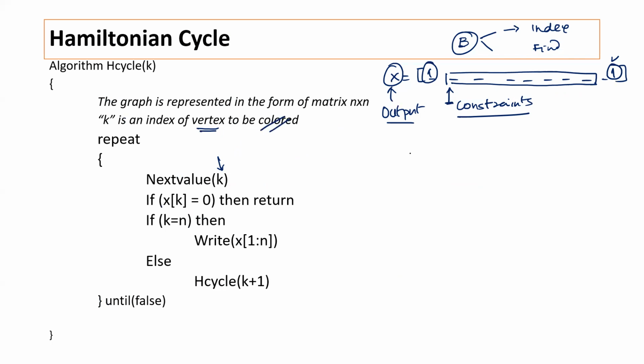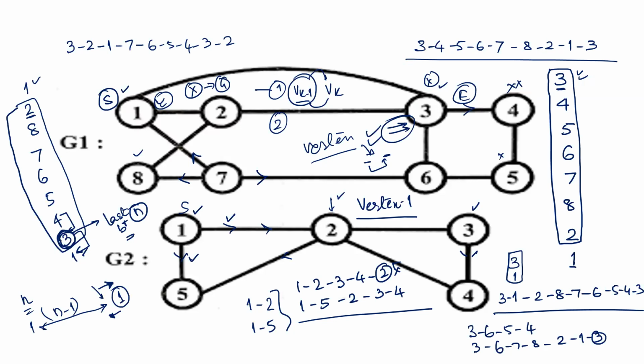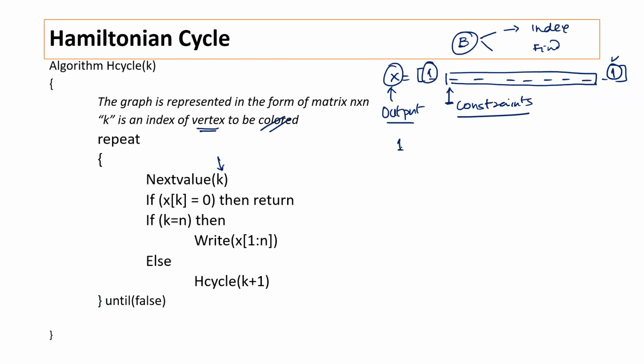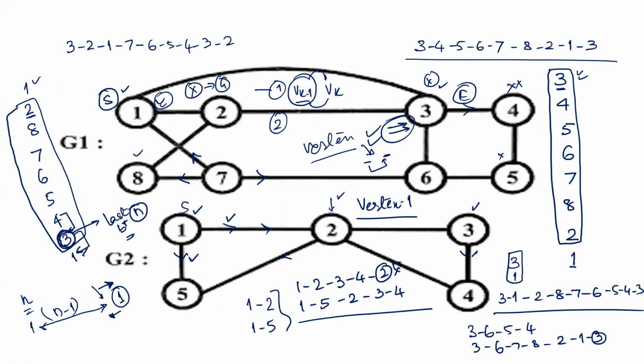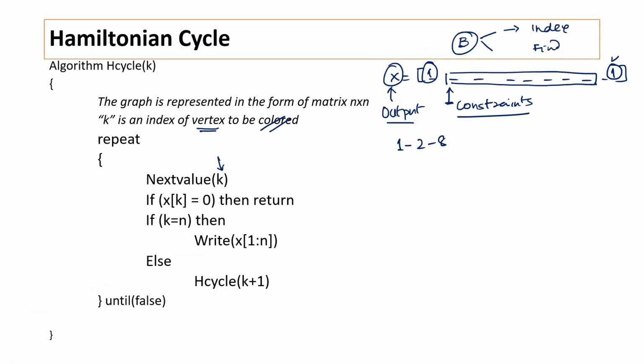For example, if I already have the cycle 1 to 8 generated, then from 8 I can go to 7. So this becomes my index 1, 2, 3, and I will pass k equal to 4. I'll check k equal to 3 for connection and k equal to 1 to 3 for repetition.